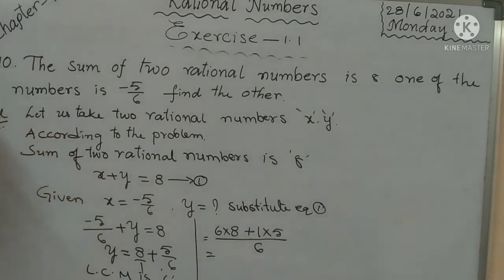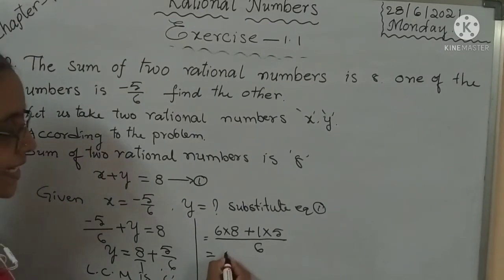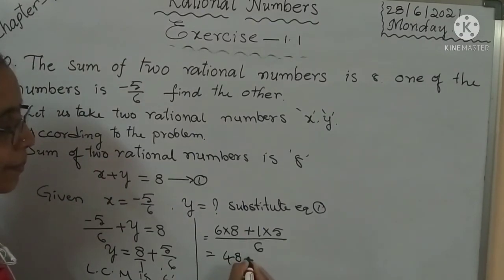So 6 1s are 6, 6 2s are 12, 6 3s are 18, 6 4s are 24, 6 5s are 30, 6 6s are 36, 6 sevens are 42, 6 eights are 48. 48 plus 5 by 6.